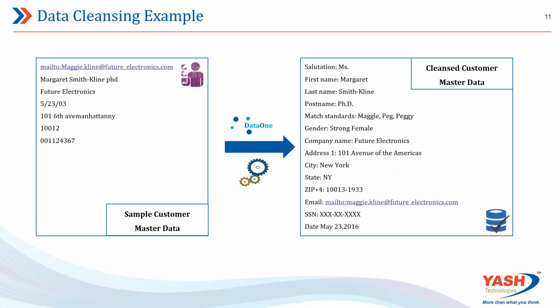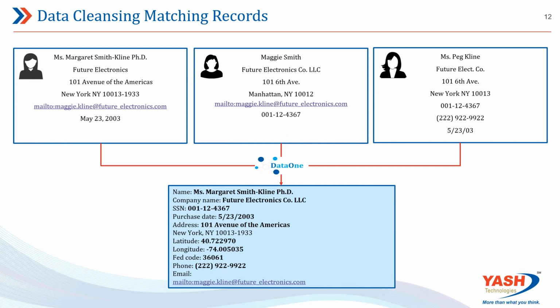These are populated from just the address that we have, from knowing that Future Electronics is a company at this address. A zip code, a proper 94 zip code, is added. The email address is fixed, and there is provision to add the social security number and the date. So it gives very good visibility of how the data transforms from what it was to what it is.